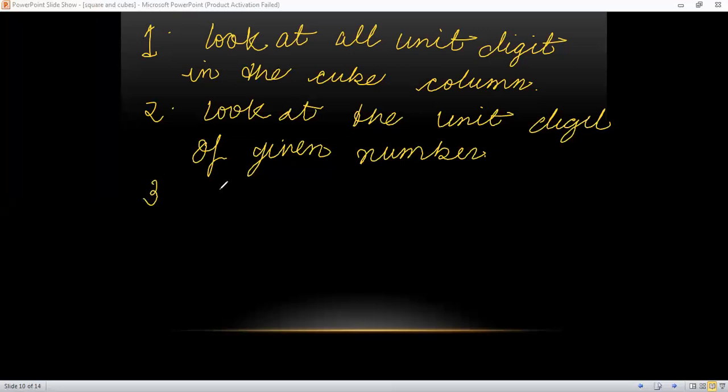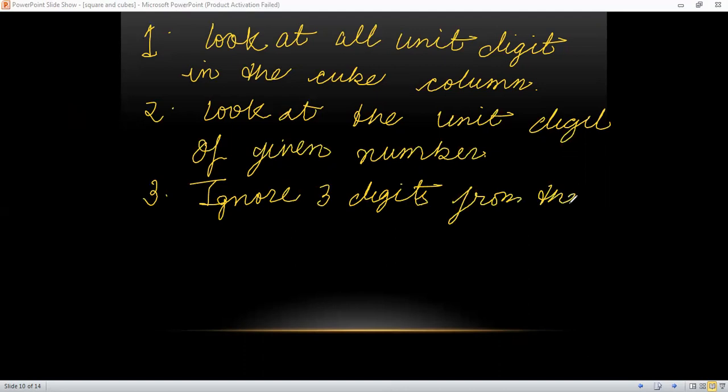Now the third step, what we have done: ignore 3 digits from the right. So from the right, we ignore those digits and we see only the unit digit.